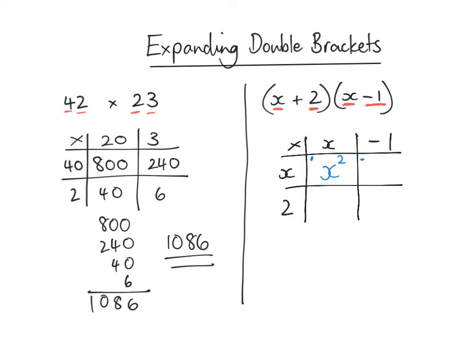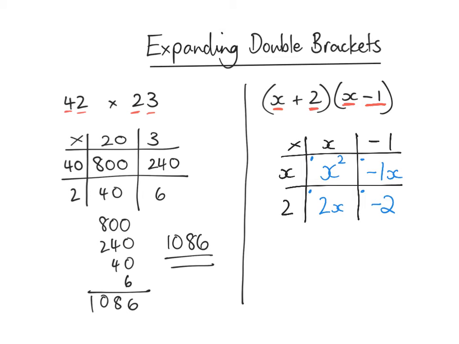This box, x times -1, -1x. Do remember, it's the negatives that you'll get stuck on with this, so you have to involve all negatives. This box, x times 2 is 2x, and the final box, -1 multiplied by 2 is -2.